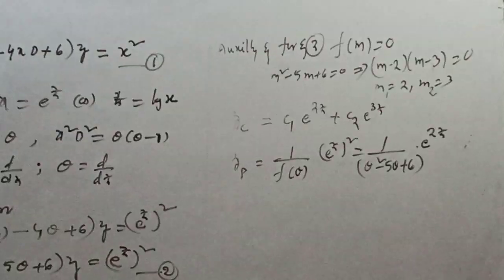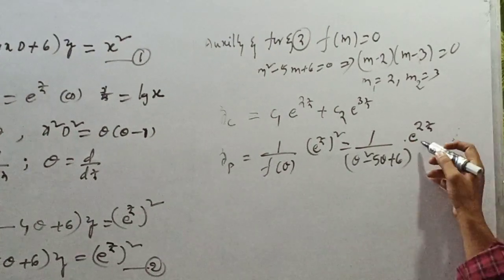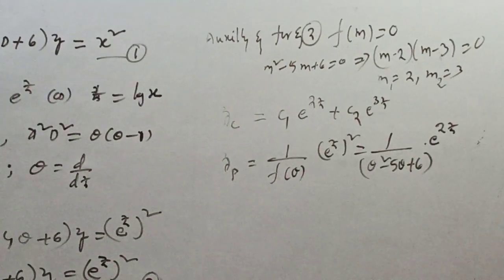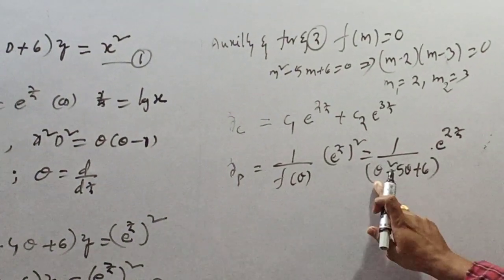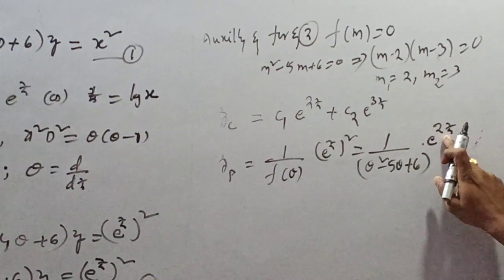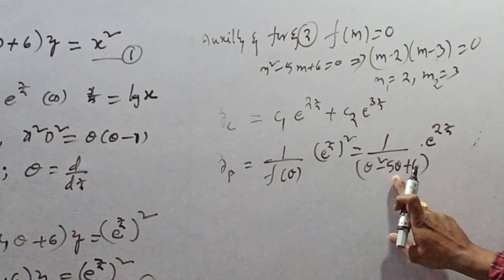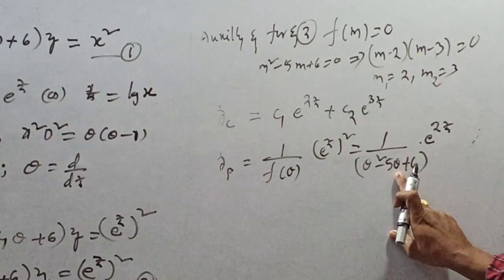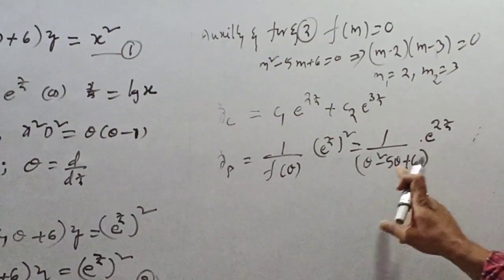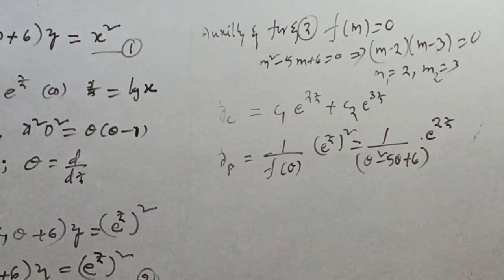Whenever we have 1 by f of theta times e to the power of az, you can substitute theta equal to a, so theta equal to 2. So 4 minus 10 plus 6 gets cancelled, giving 1 by 0, which is undefined.